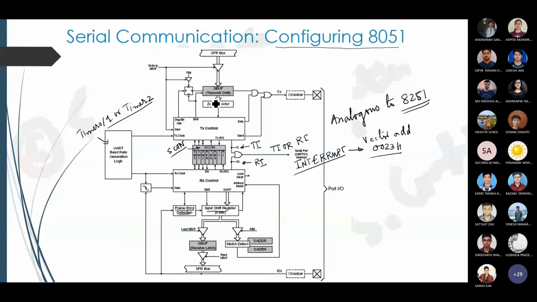So from this structure, we are able to relate with our programming structure that either we can place this in the polling mode, and there we need to check the TI and the RI, or we can go for interrupt driven mode.